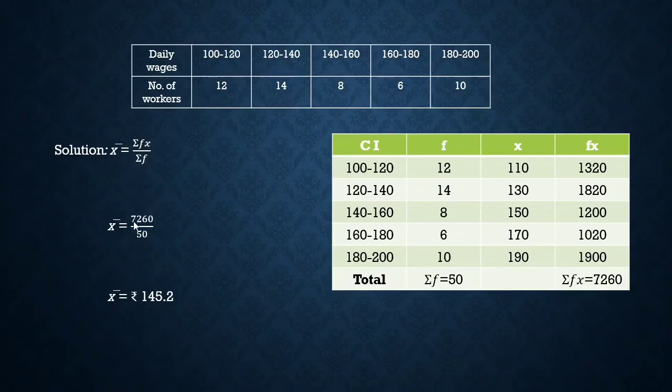So, summation fx is 7260 divided by 50, the zeros cancel each other. So, we have mean x bar as rupees 145.2. So, the mean daily wage of these workers is rupees 145.2. This is the required solution.